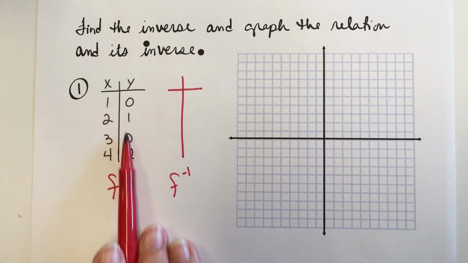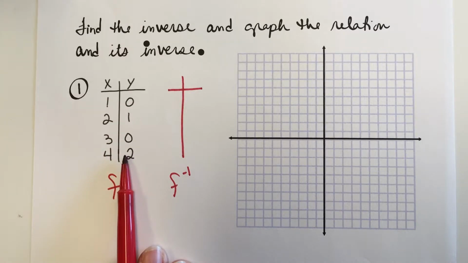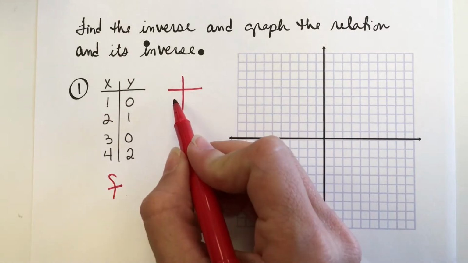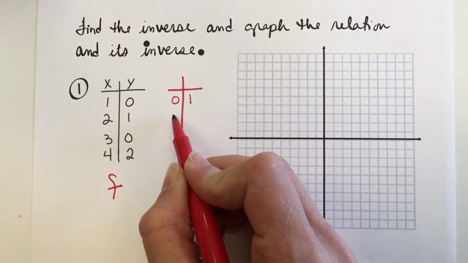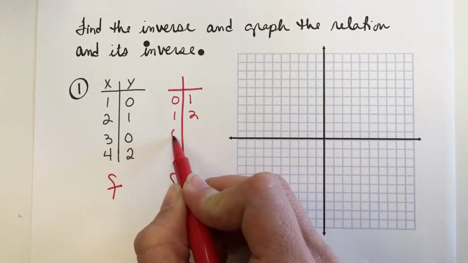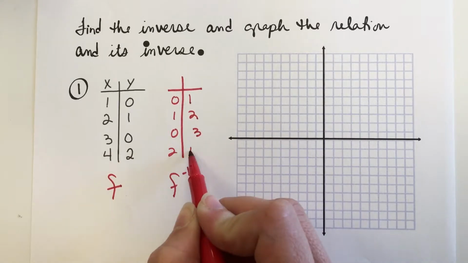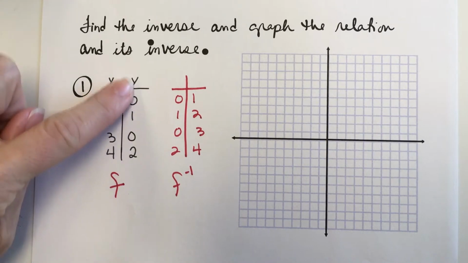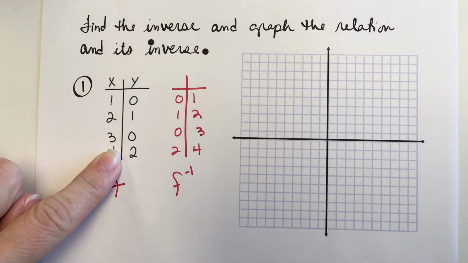All you have to do with your ordered pairs, as it stated, was just to switch them. So instead of 0, 1, you would have 1, 0, and then you would have 2, 1, 3, 0, and then 4, 2, okay? So it's wanting you to graph the original relation, and then it also wants you to graph the inverse, okay? Of course, the original relation were the 4 points that I gave you, this table.